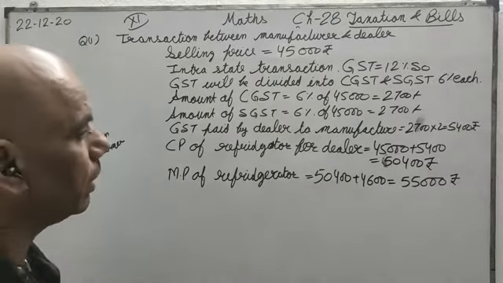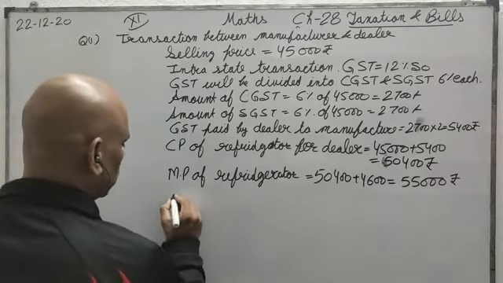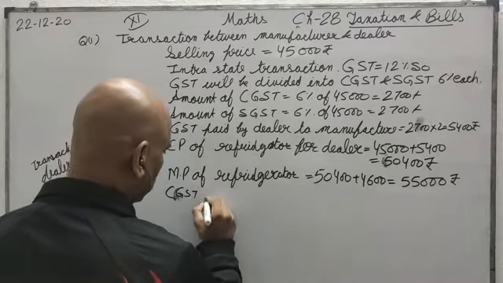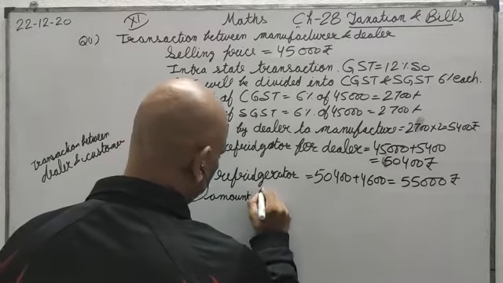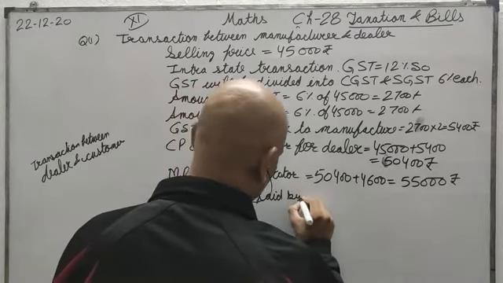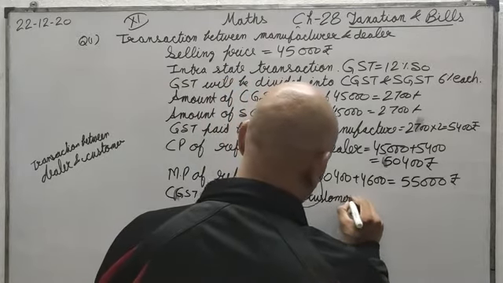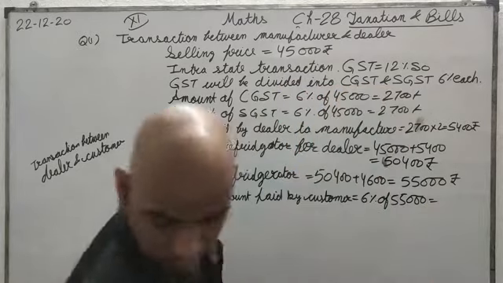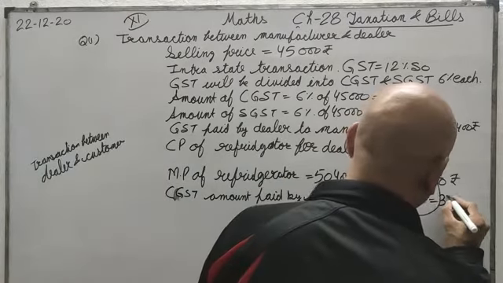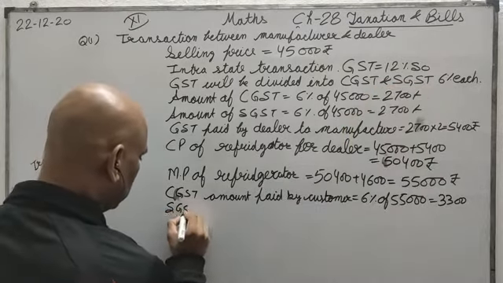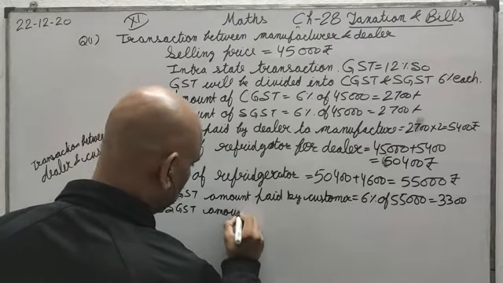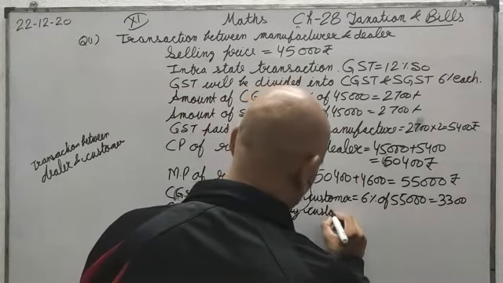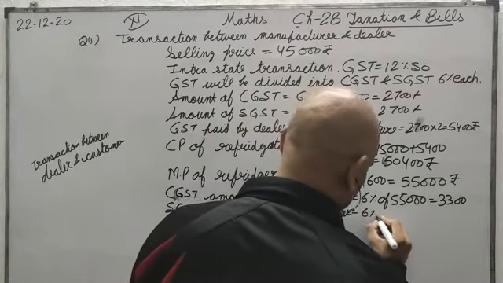Now the customer will also have to pay the GST. The CGST amount paid by the customer is equal to 6% of 55,000, that is 3,300, and the SGST amount paid by the customer is also 6% of 55,000, that is 3,300. When you see any bill, you will see this CGST and SGST.